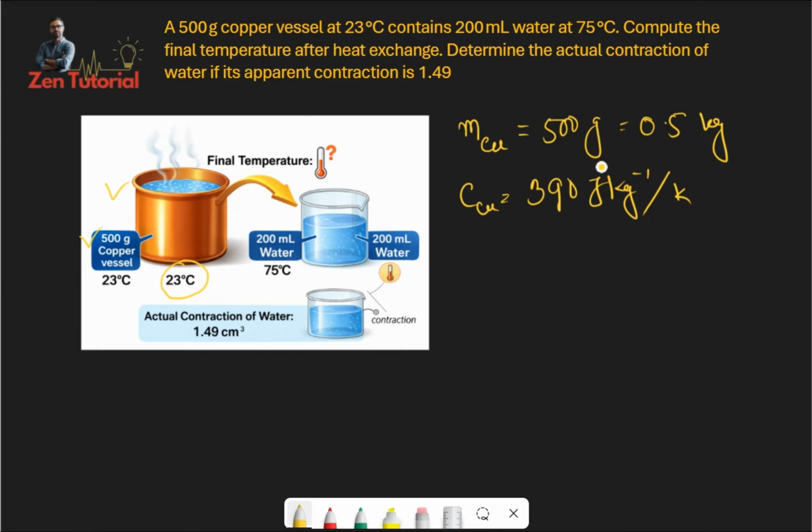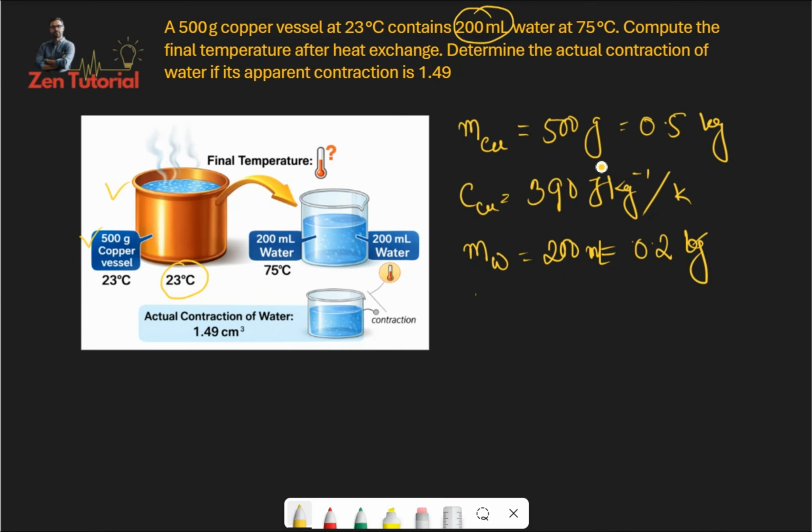And in this copper vessel, we actually mix some water. So the amount of water, that is actually 200 milliliter. It means the mass of water is 200 milliliter, same as the gram. So we could write down, convert into kgs, that is actually 0.2 kgs.